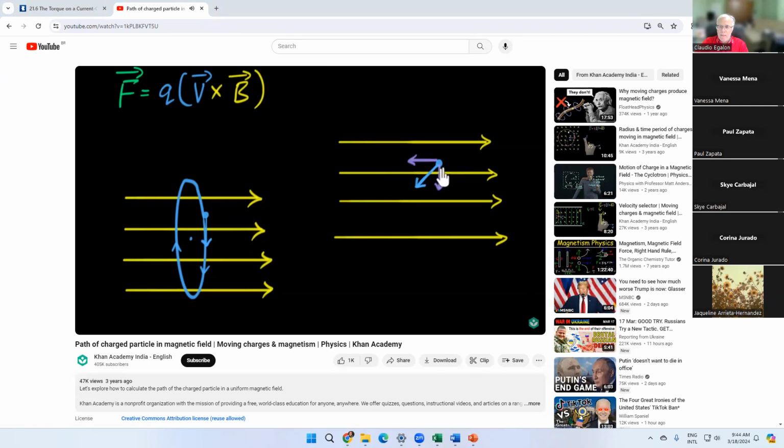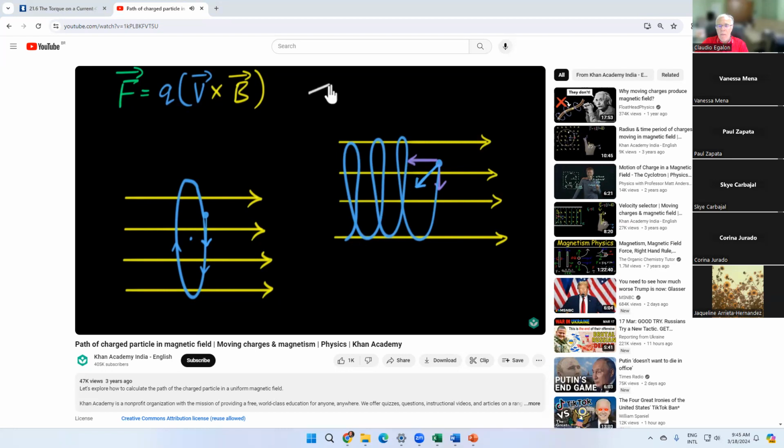Let me try and draw that. So together, we're going to have a circle. Let's use blue. A circle that is going forward, a spiral-like motion. In other words, this is going to be a helical motion.